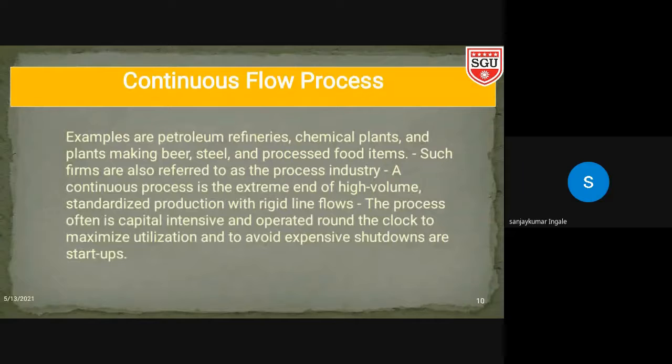A continuous process is on the extreme end of high volume, standard production with rigid line flow. This process is often capital intensive and operated around the clock, that is 24/7, to maximize utilization and to avoid expensive shutdowns.